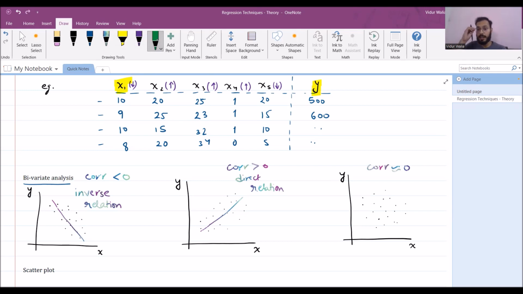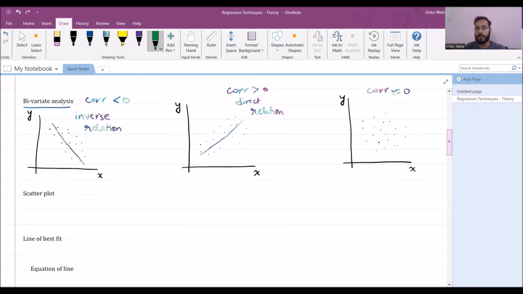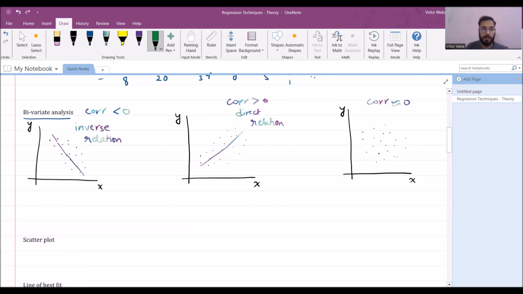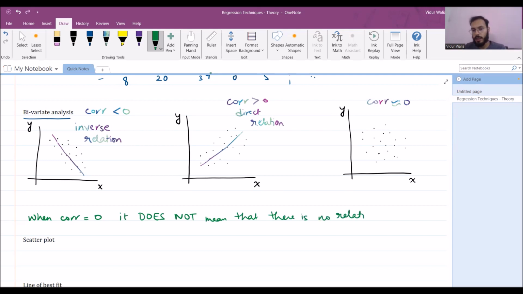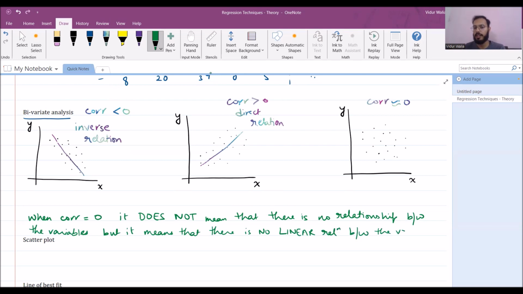But we have to understand this: when correlation is equal to zero, it does not mean that there is no relationship between the variables, but it means that there is no linear relationship between the variables.